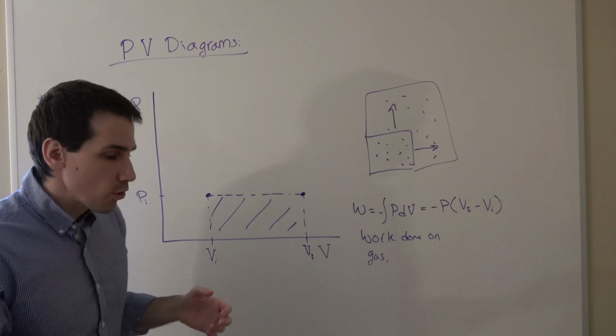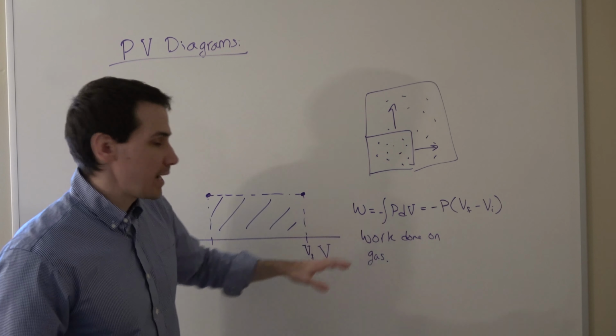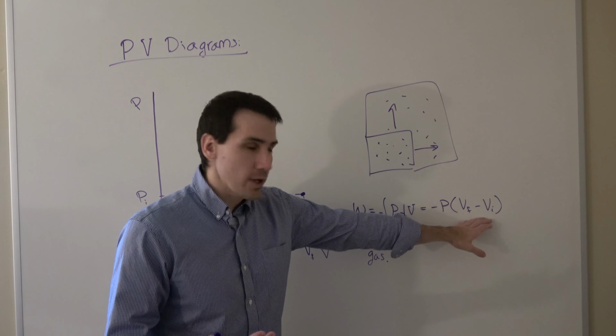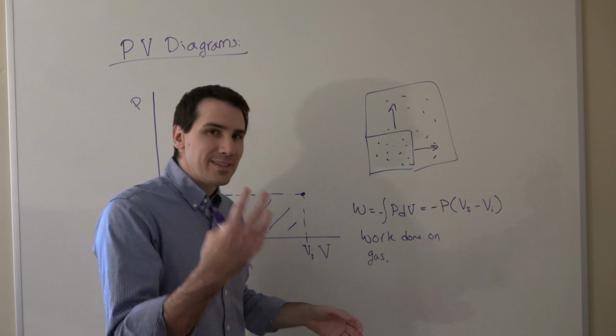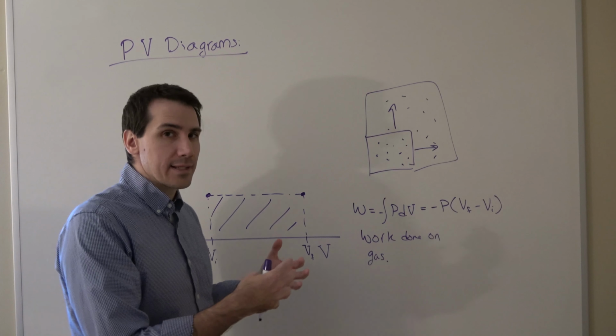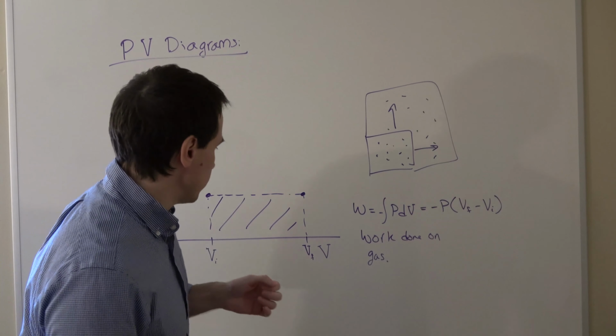So the work on the gas you would expect to be negative, and that's where this minus sign comes from. If the gas expands, V final is greater than V initial, we expect negative work done on the gas because the force on the gas is inward while the expansion is outward in the opposite direction.